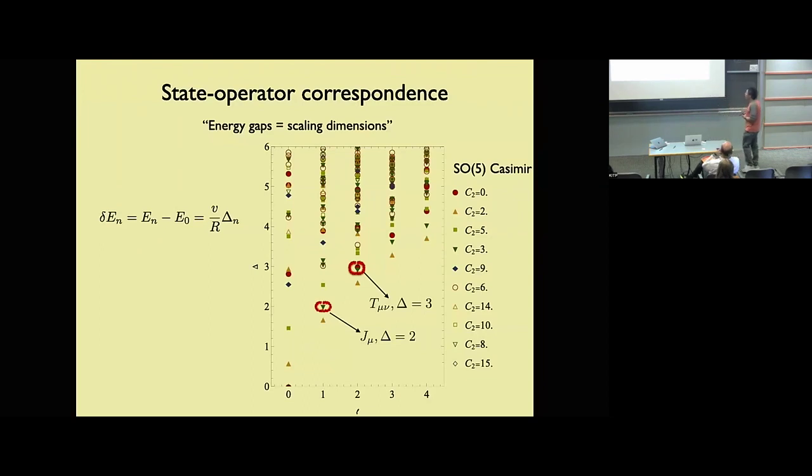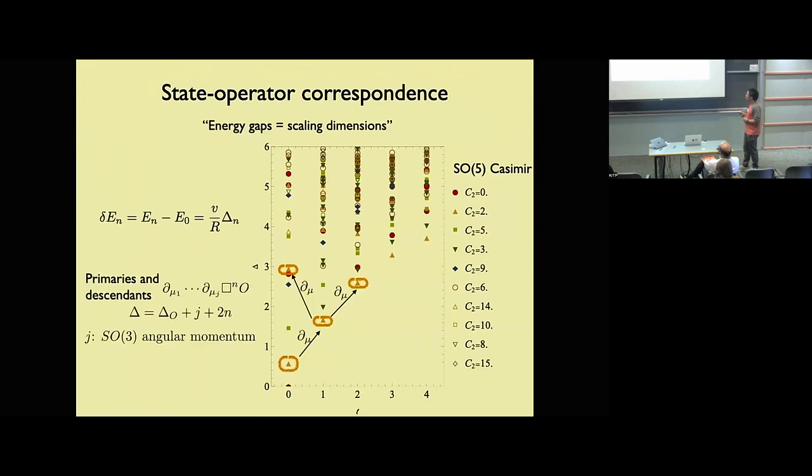Now we can try to understand this spectrum. For example, the lowest operator is the SO(5) vector, a primary operator, and from the conformal algebra we can generate descendants and find all those states. That's how we translate the energy spectrum to the operator spectrum of the CFT for this deconfined criticality.